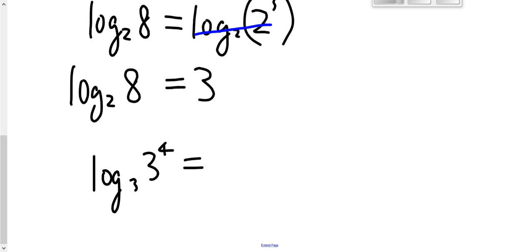Of course, you can do this on your graphing calculator, but I hope you can figure this out without using your calculator. As I just mentioned, if the base of the log and the base of the exponent are the same, then guess what? They would cancel out. I'm not going to write down here, otherwise you would think I changed the question. So these things cancel out, I end up with a 4.